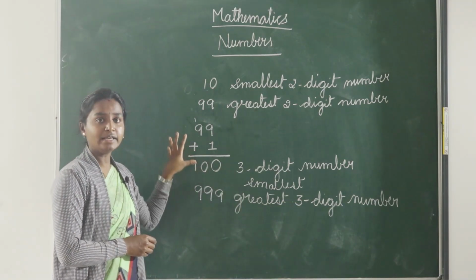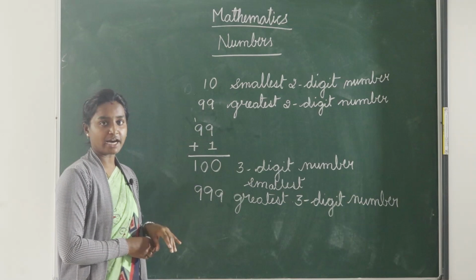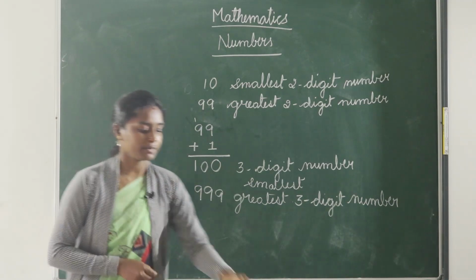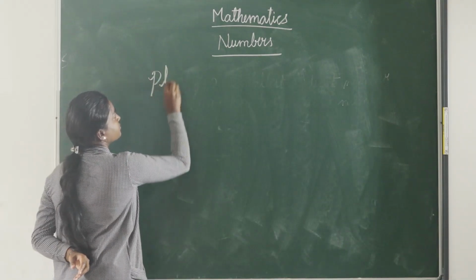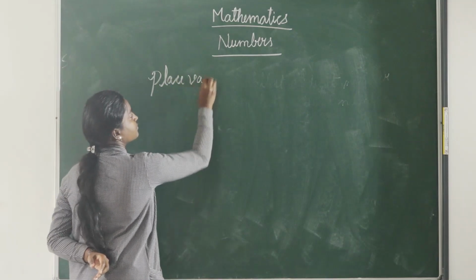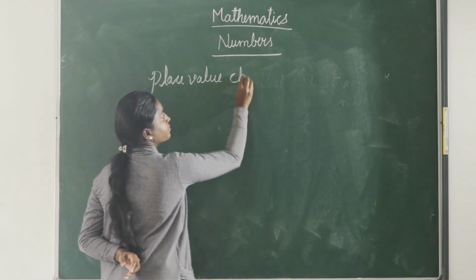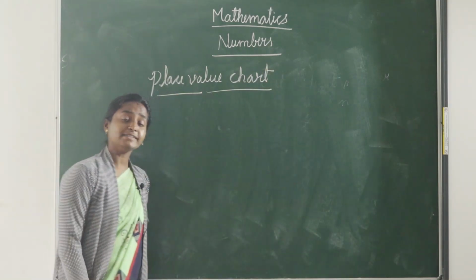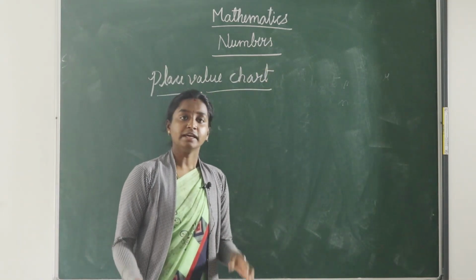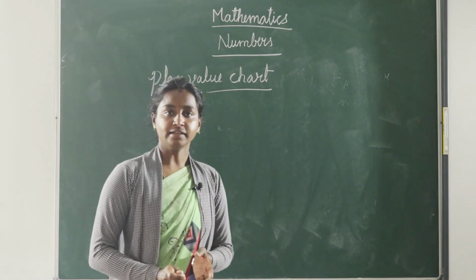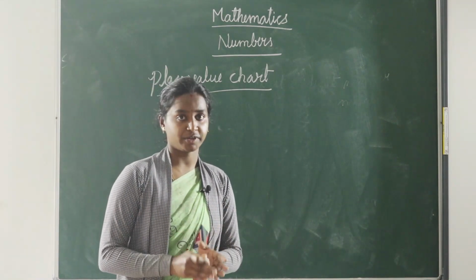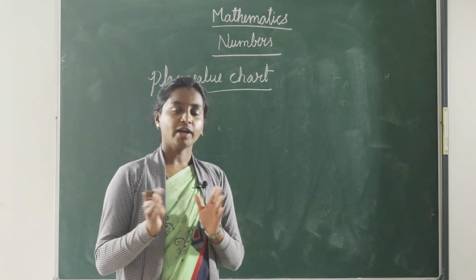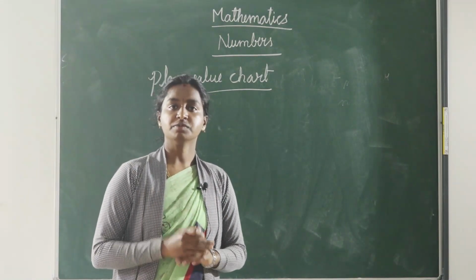So now let's write place value chart for this 3-digit number. So what is the meaning of place value? Where the number stands, whether it is in ones place or unit place, tens place or hundreds place, that we have to write.